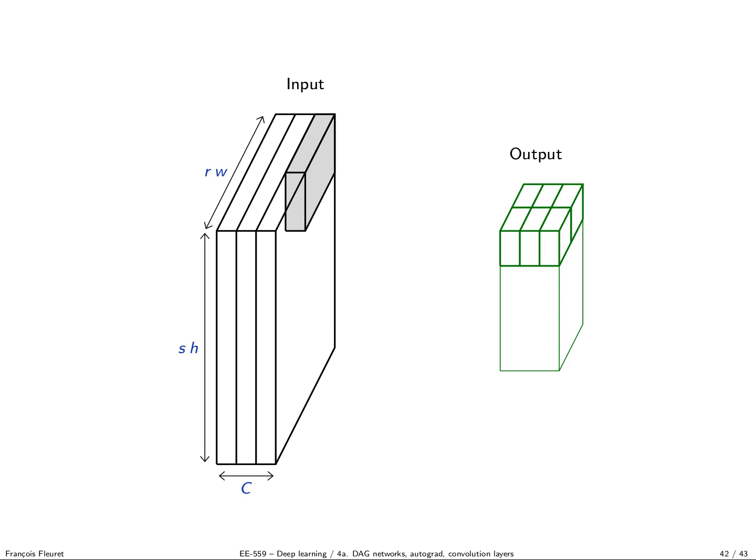Since the channels have nothing to do with one another in terms of their location in space, along the channel axis it would make no sense to take the max of them all together. Sometimes we can, but usually you don't do this. So you take the max, and in the end, you compute a tensor which has the same number of channels, but now the height and width have been divided by the size of your filter.